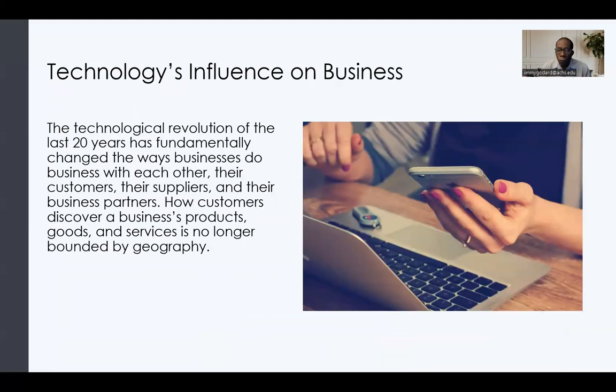What is the influence of technology on businesses, on your business? Now, we can go back to the whole industrial revolution since it started with the locomotive to where we are right now. What is certain, what is factual, things have changed since the time we were talking about agriculture, we were talking about assembly line, to now we're talking about robotics, right?